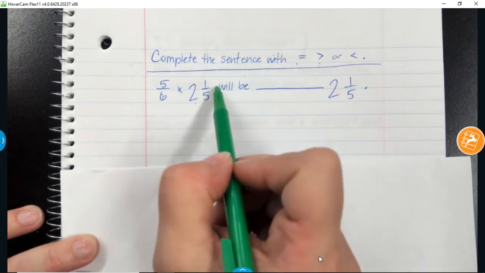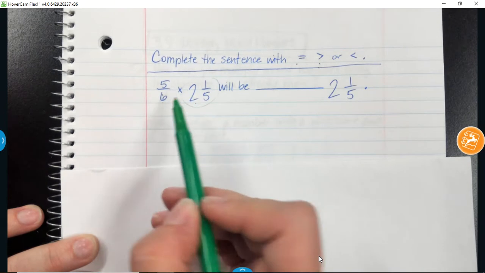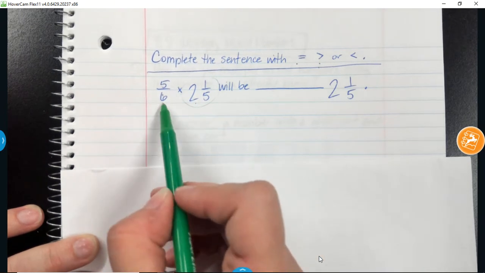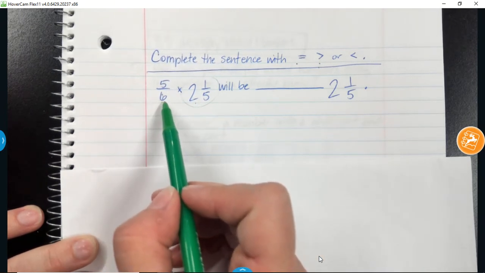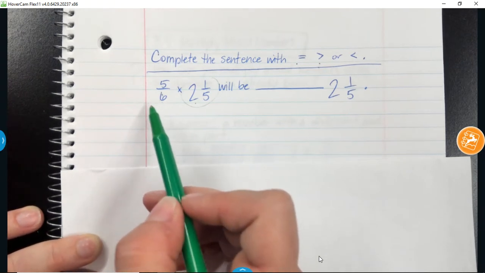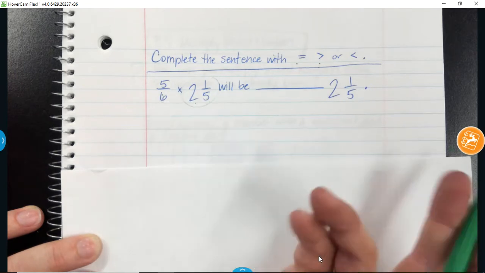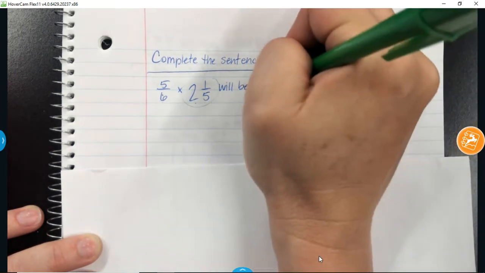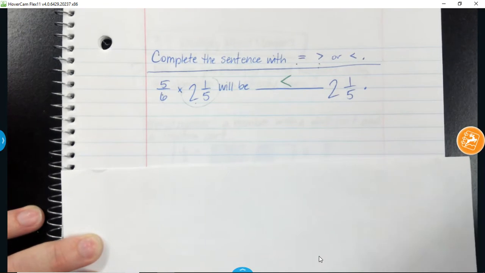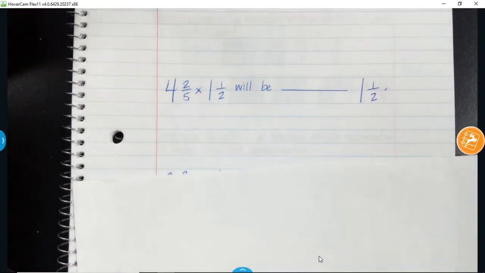Well, let's see. 2 1/5 is being multiplied by 5/6. Is 5/6 equal to 1? Is it less than 1? Is it greater than 1? 5/6 is less than 1. So 5/6 times 2 1/5 will be less than 2 1/5 because I'm multiplying 2 1/5 times a number less than 1.